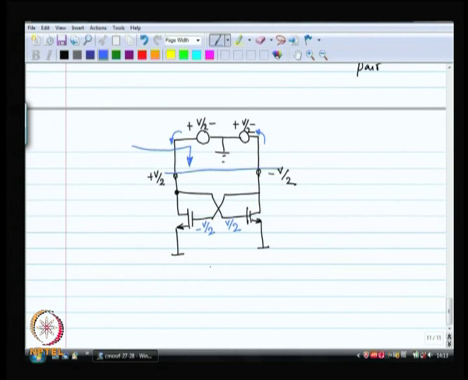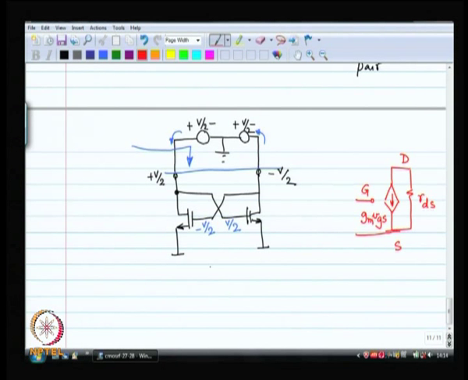The small signal model of the MOSFET that I am going to use for now is this. Okay, this is the typical small signal model of the MOSFET.